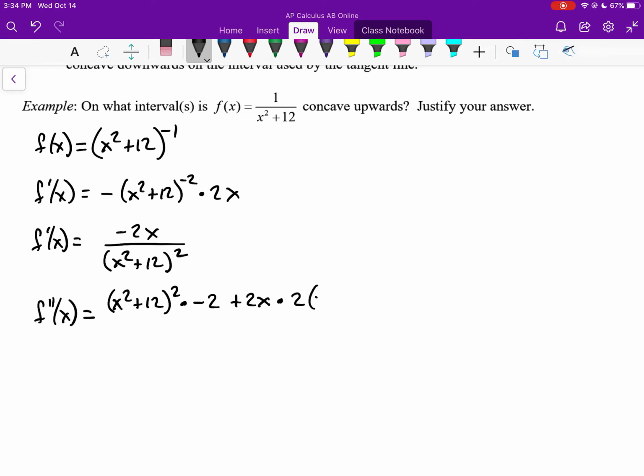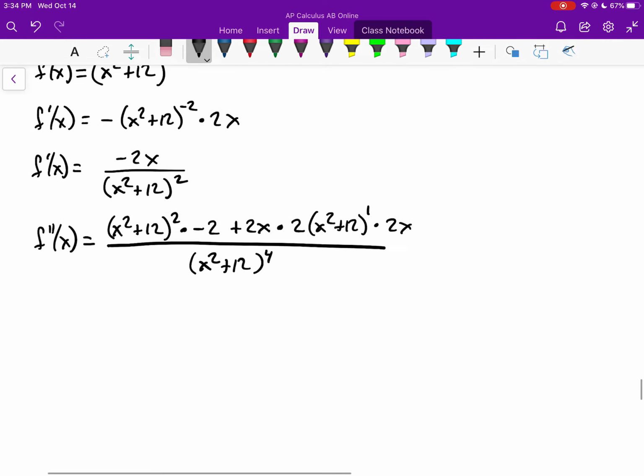Take the 2 in front, decrease the exponent by 1, multiply by the derivative of what's inside. This is all going to be over my denominator squared. Squared squared is going to be the fourth power.